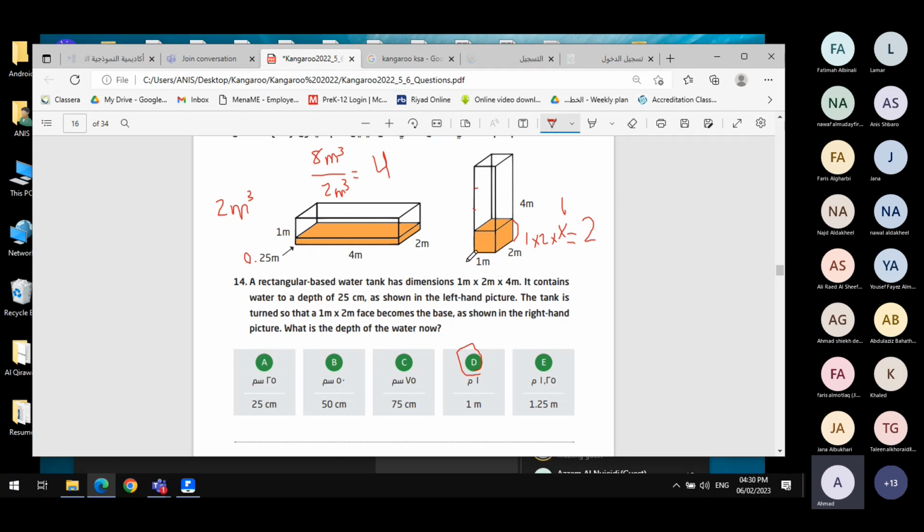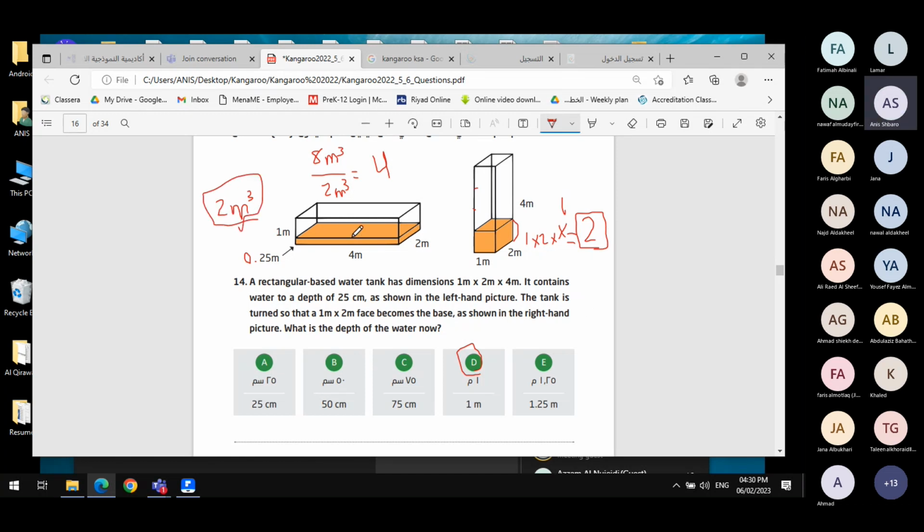When you wrote 1 times 2 times x equals, because x is 1, how did you make the answer 2 turn into 1 meter? This answer, you mean? Yes, this answer is this answer.